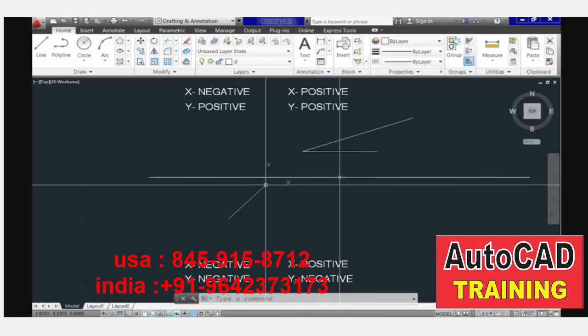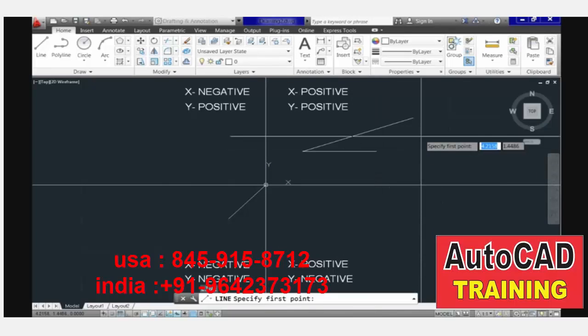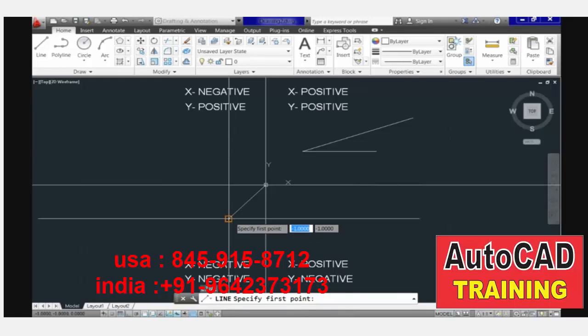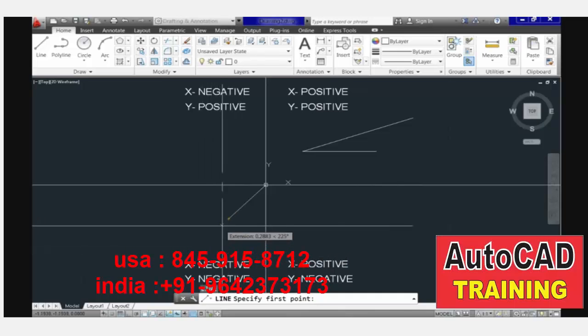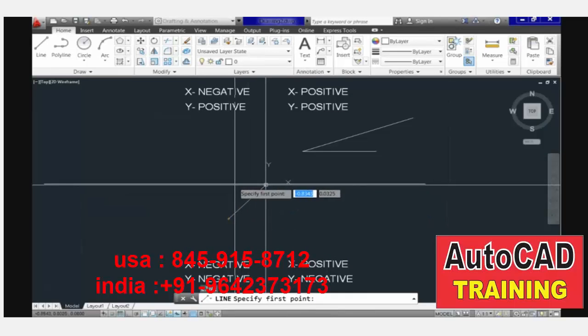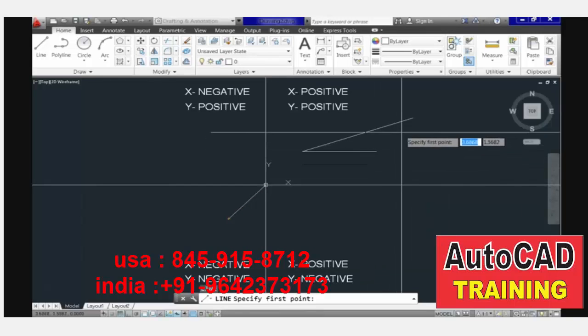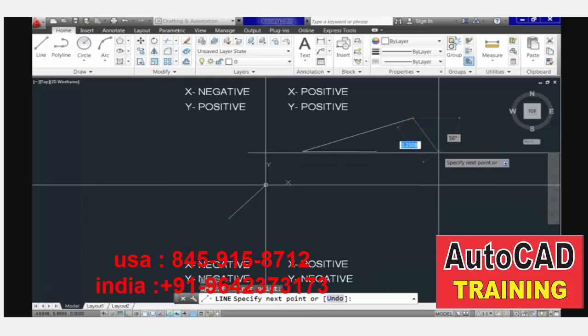Let's see now. This point that I'm pointing at is the -1, -1. So how could I get there? Okay, if I'm going to use the absolute coordinate entry system, I use this number symbol and then -1, -1, and when you hit enter, you see that it snaps automatically to that point.